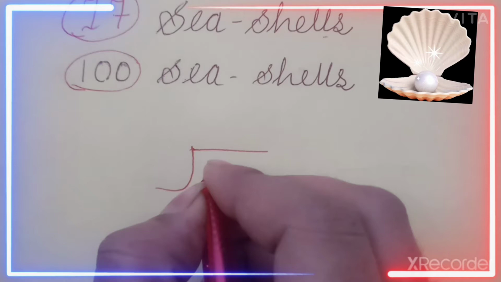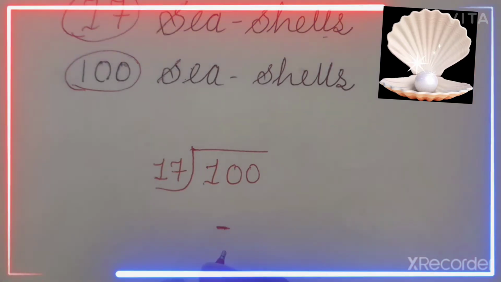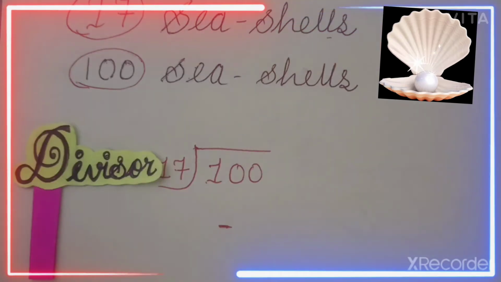Here write 100, outside the box write 17. Now what is this? 17 will be your divisor and dividend will be 100. In the table of 17, 100 is not possible. 17 is also not possible here because 10 is smaller.